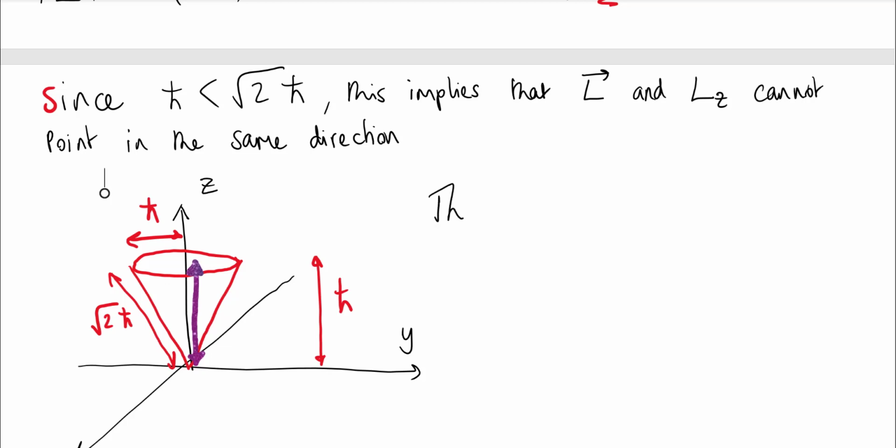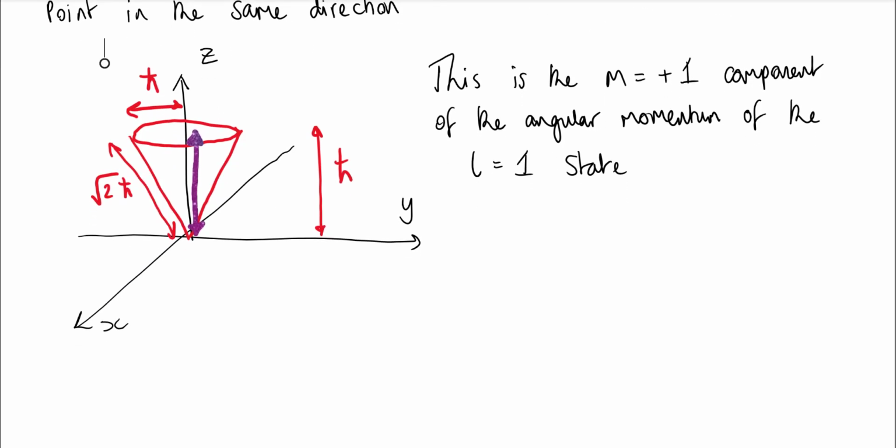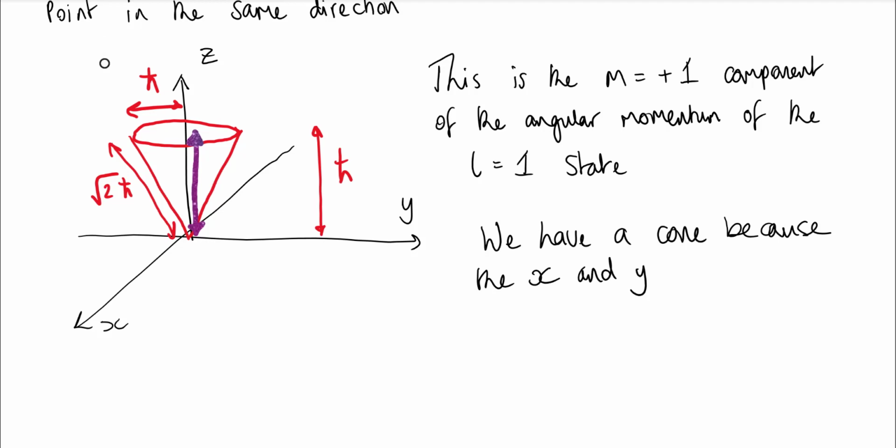This is the m equals plus 1 component of the angular momentum of the L equals 1 state. Now, why have I drawn it as a cone? Let me state we have a cone because the x and y components cannot be specified.